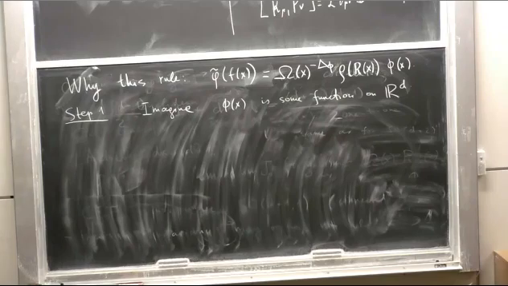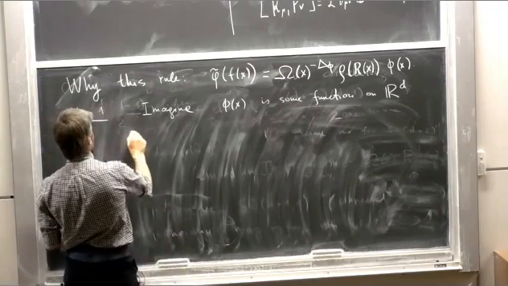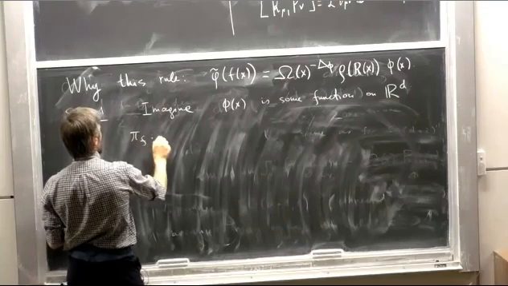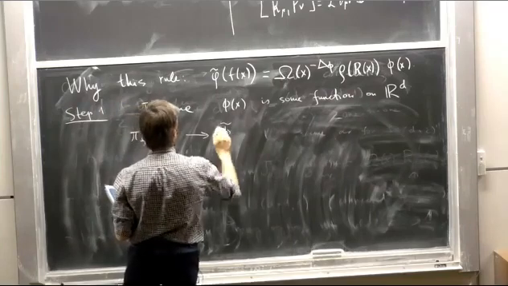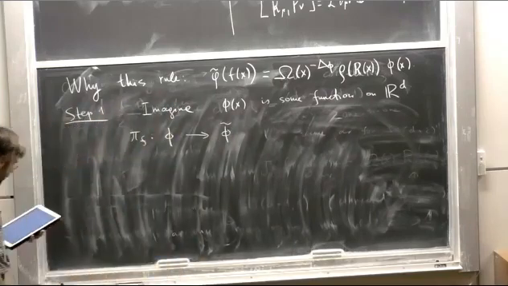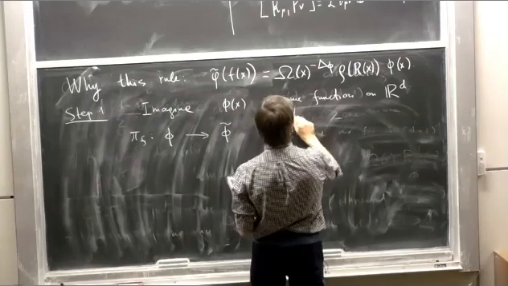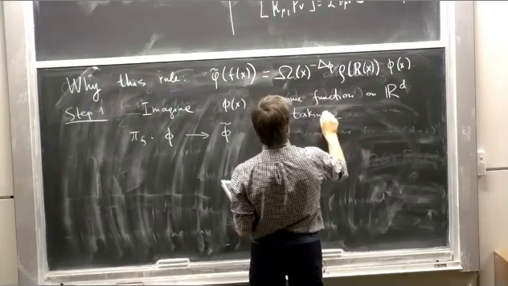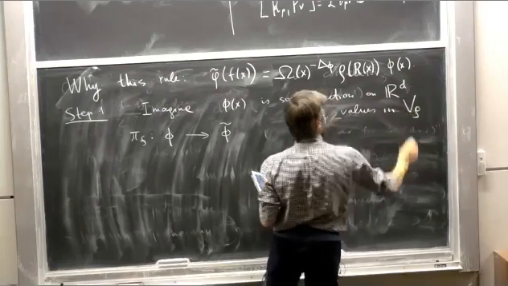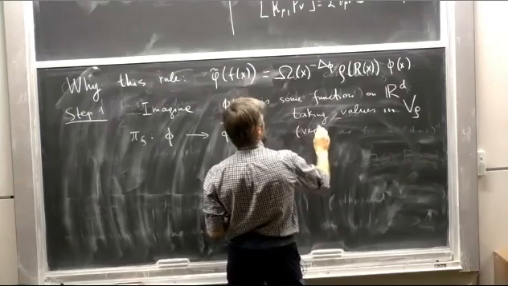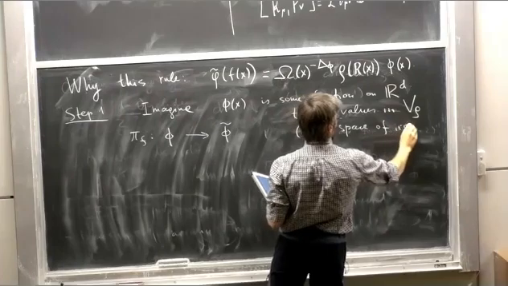So why is this an interesting thing to do? So we have this map, let me call it pi f, which takes a function phi and maps it to the function phi tilde. So it's a function phi which takes values in V rho, which is the vector space of the irreducible representation rho.